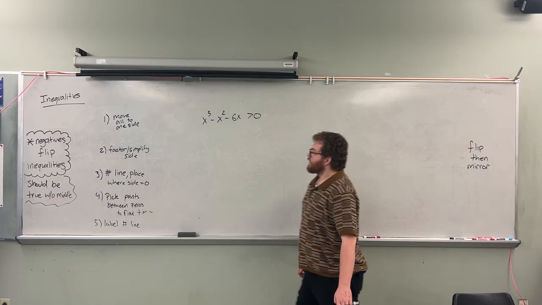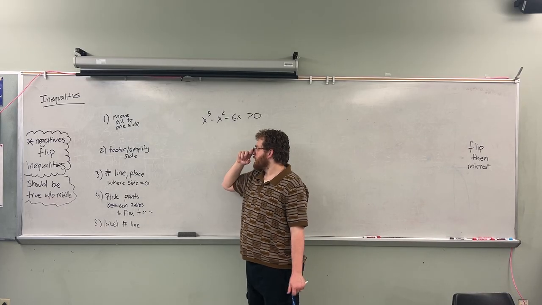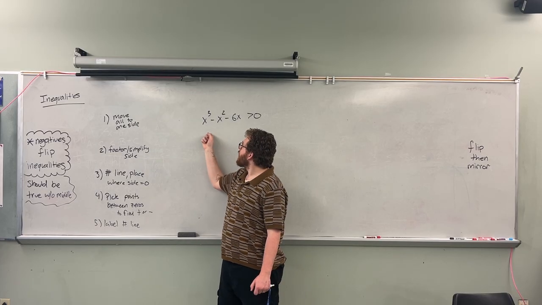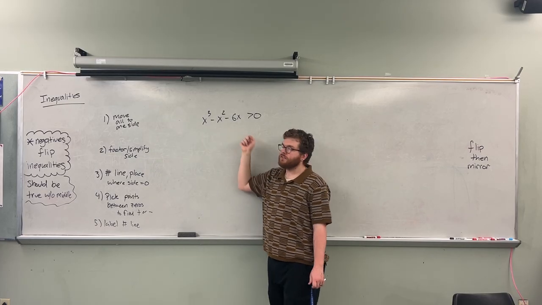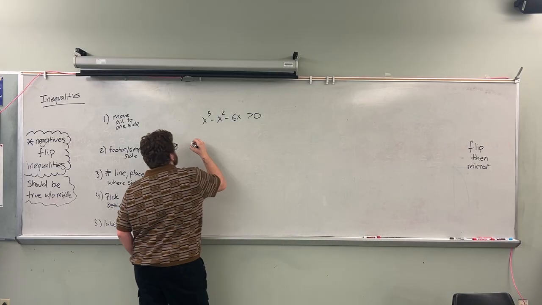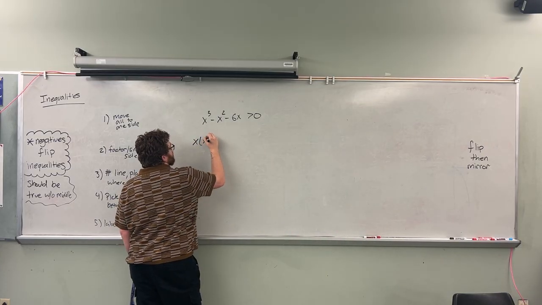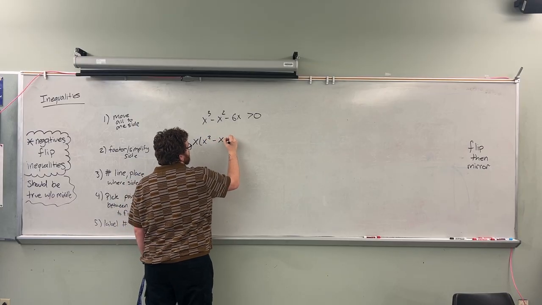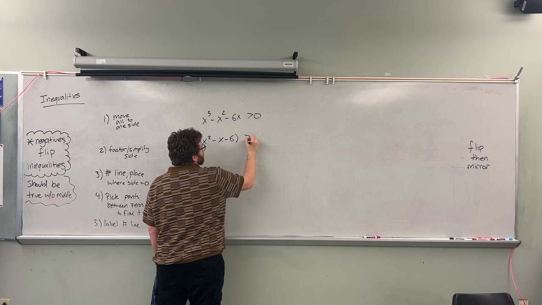Well, I already have step 1 done for me, so that's pretty nice. I want to factor or simplify this side. What do all 3 of these terms have in common? X. So I'm going to factor out an x. I get x times x squared minus x minus 6 greater than 0.